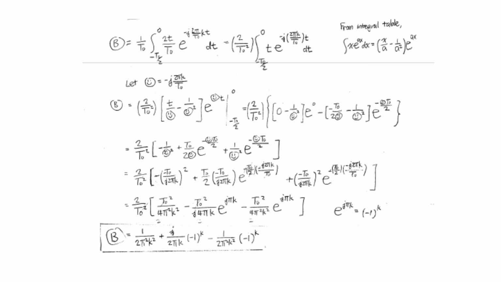So now it's just a matter of bookkeeping and not messing up. We're going to start with the 0 term here. If you plug 0 in here, you're going to get 0 because of this t here. If you plug 0 in the second term, the exponential of 0 is going to give you 1. So you're just left with this 1 over smiley face squared with that negative sign there. And then for the second term, we have minus T naught over 2.